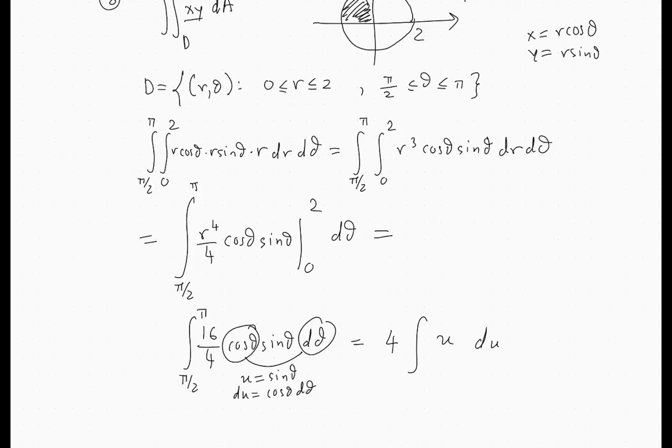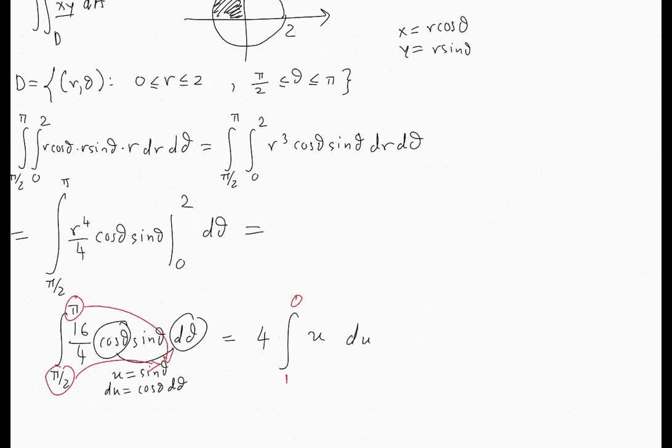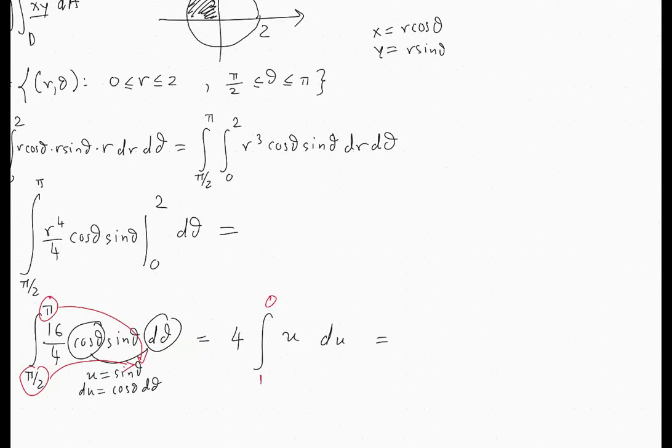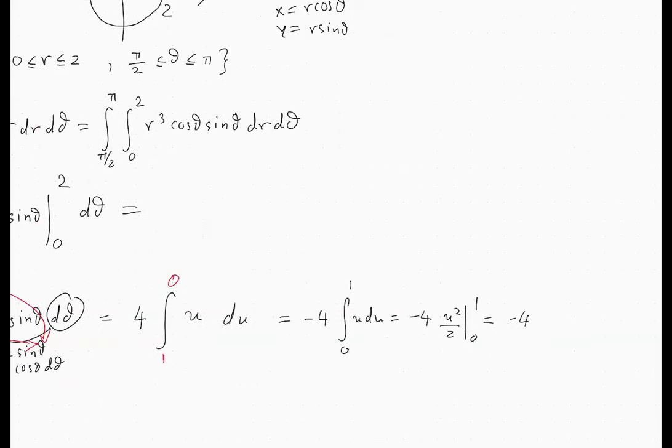So you have to go from sine of pi over 2, which is 1, all the way to sine of pi, which is 0. And this will give you, if you want to turn it into a -4 of the integral from 0 to 1 u du, which is going to be -4 times u squared over 2 from 0 to 1. That's going to give you -4 times 1/2, also known as -2.